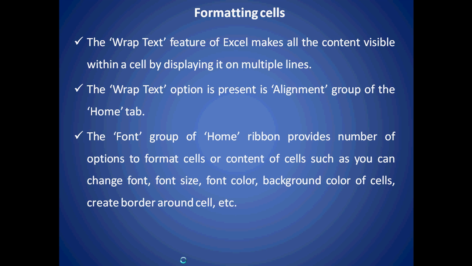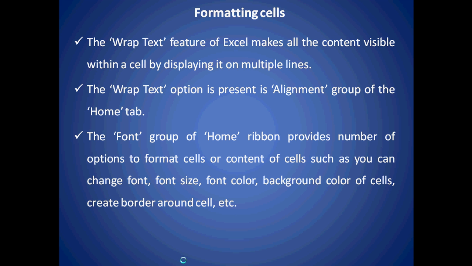Here one terminology is wrap text. What is wrap text? It is a feature of Excel that makes all the content visible within a cell by displaying it on multiple lines. In Excel, you can see only a single cell. You can type your name because a name is a single word or a few words. But suppose you want to type your address, which may take 3 to 4 lines.